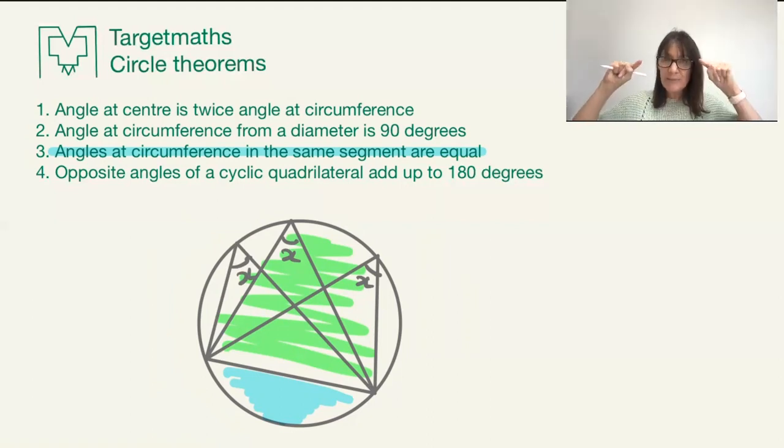I literally put my fingers on the two points, so the end points of a chord, and up I go to the circumference, up along two different lines. If I land at a circumference, then I've just found two equal angles, okay? And the same thing would happen if I was going off in this direction into this segment, okay? They would be equal as well. So that's a really handy problem-solving one for us to know.